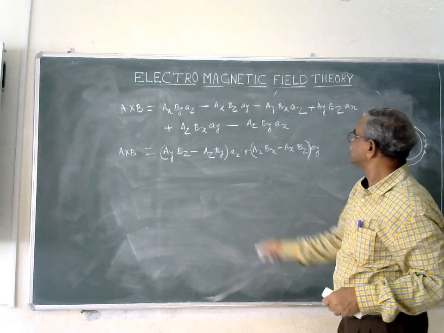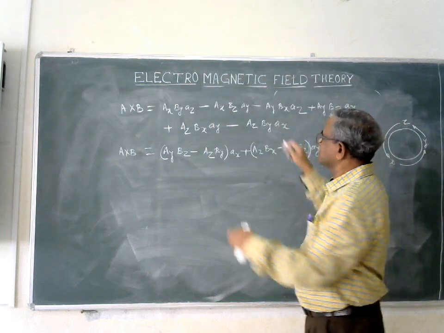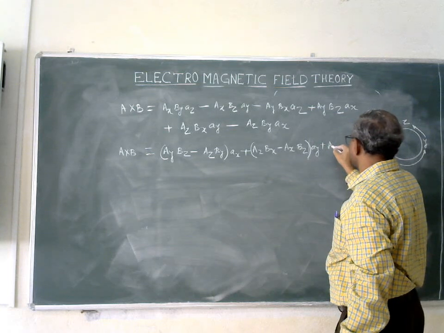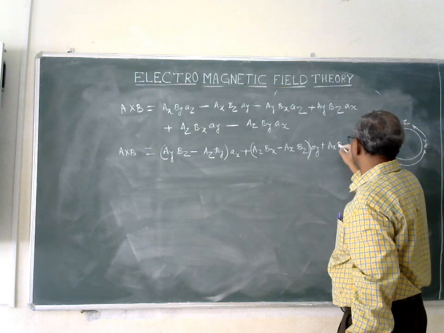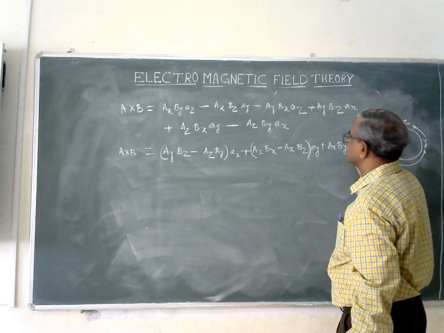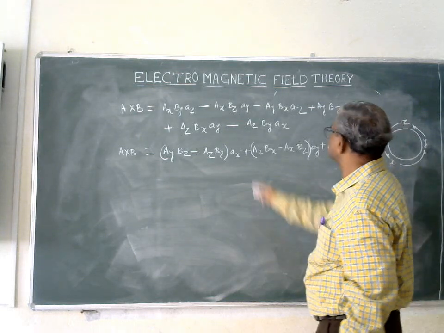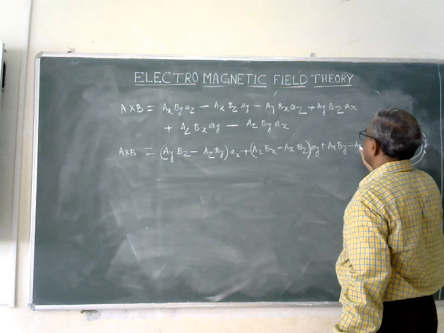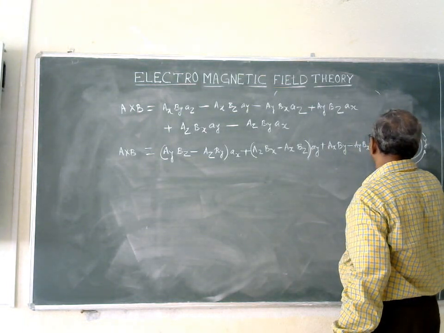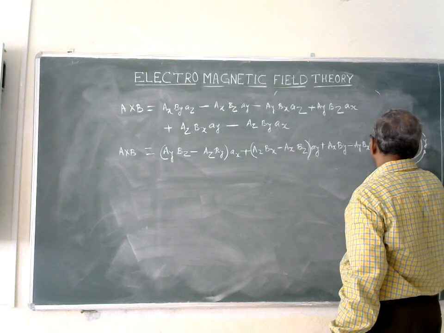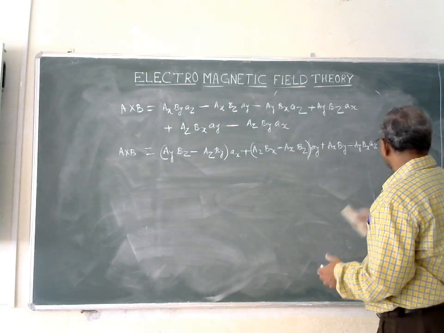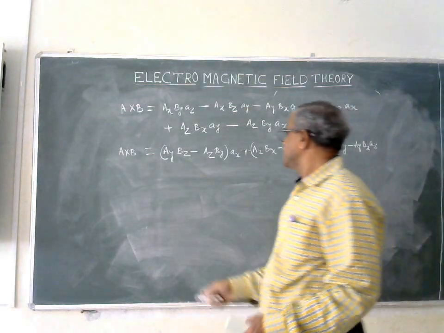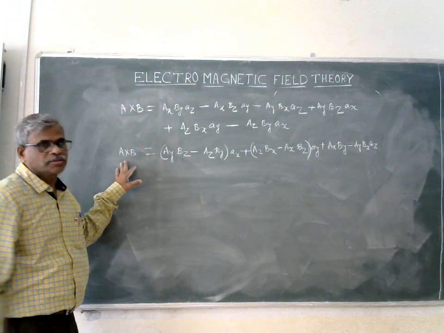For the z terms, we get plus (Ax By minus Ay Bx) into az. This is the final answer of A cross B.